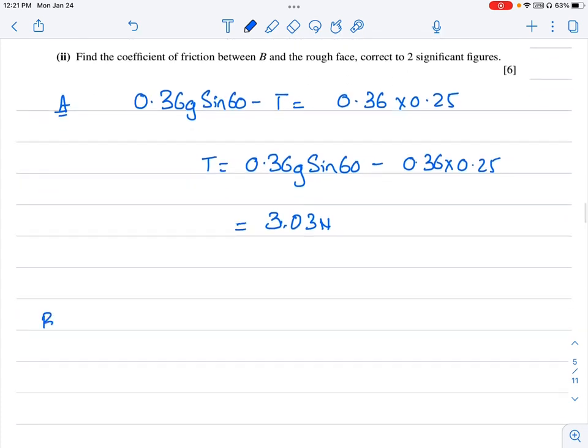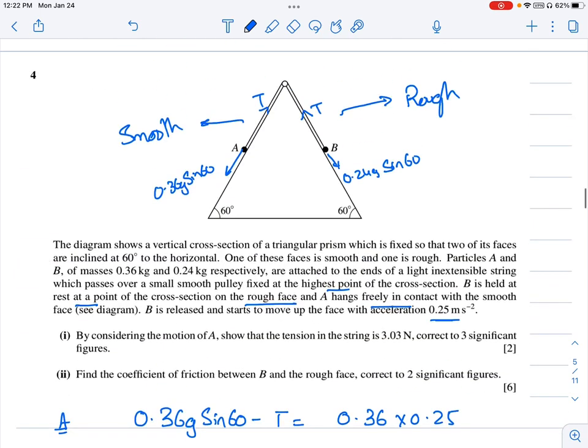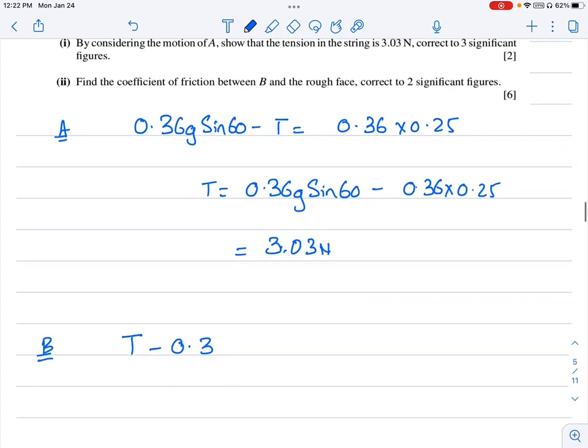Now for B, the forward force, it is going upwards, minus the backward force is equal to ma. The forward force is the tension, minus the backward force, which is 0.24 g sine 60, minus another backward force, the frictional force. Frictional force is mu R, is equal to ma. m is 0.24 and acceleration is a.